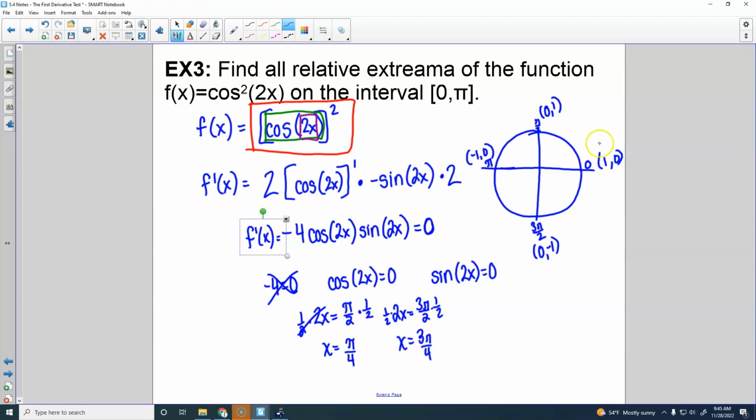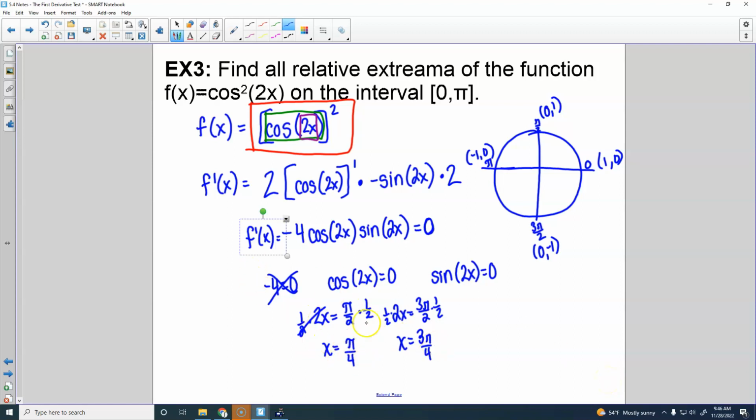Does that fall between 0 and pi? It does. So we need to look at really twice the interval that they're telling us to look at, because we're going to end up having to divide it by 2. So rather than just look from 0 to pi, we're going to look at the whole unit circle here. All right, so that takes care of our cosine.